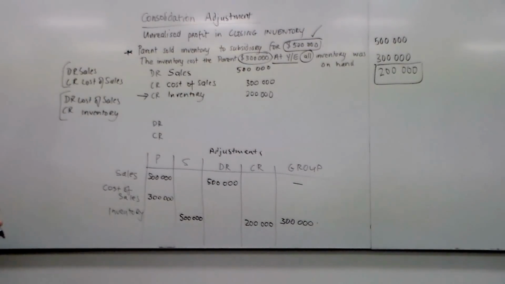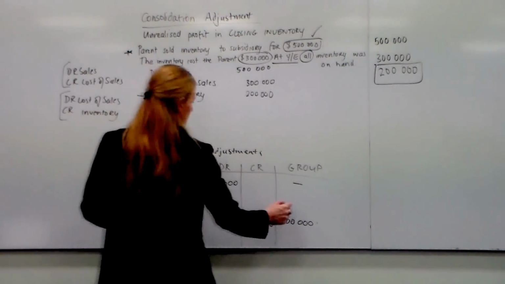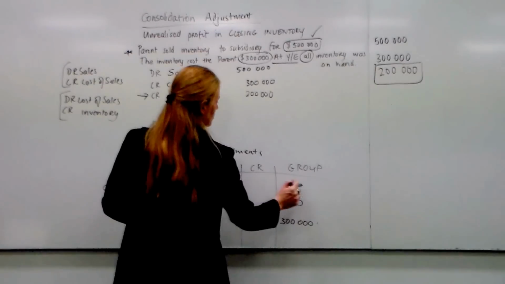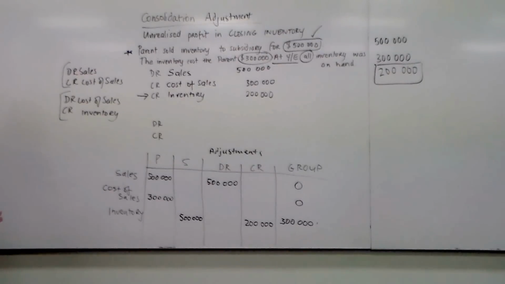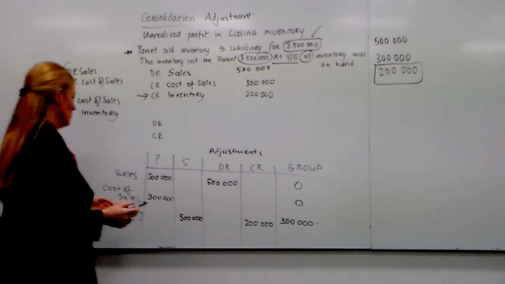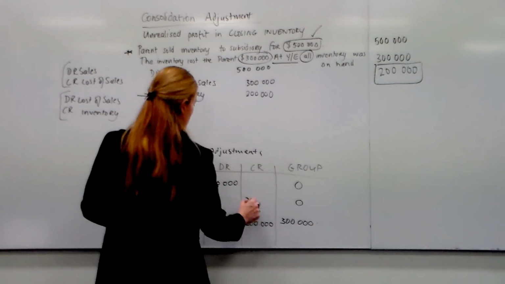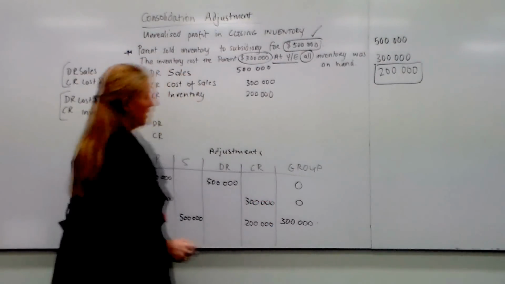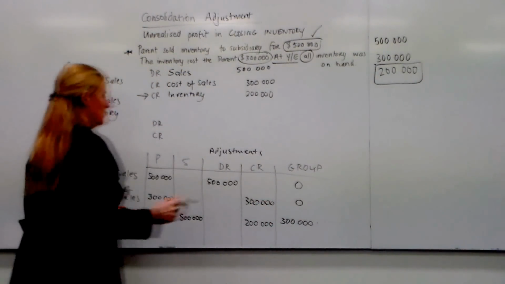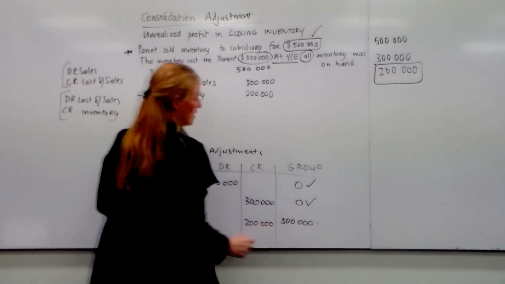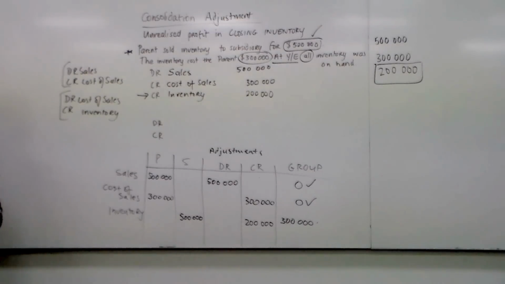Okay, and we want the cost of sales to be 0. Why? Because we don't want to recognize the sale. So if we don't recognize the sale, we have no cost of sales. So we simply are going to credit cost of sales with 300,000. Okay, so basically we've got the sales down to 0, cost of sales down to 0, and our inventory is sitting at the original cost of the inventory to the group, which is 300,000.